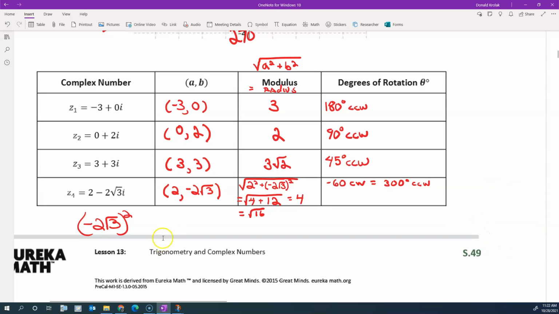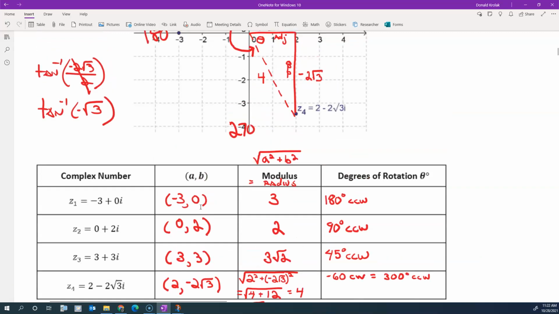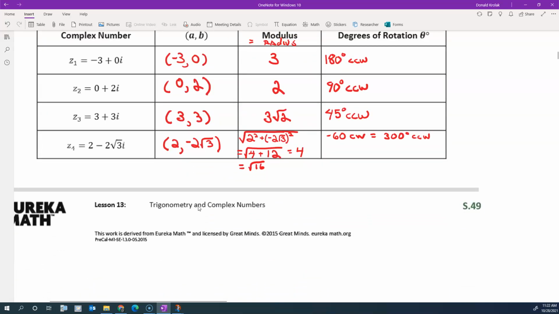Okay, all right. So we got this by doing the inverse tangent, which is opposite over adjacent.